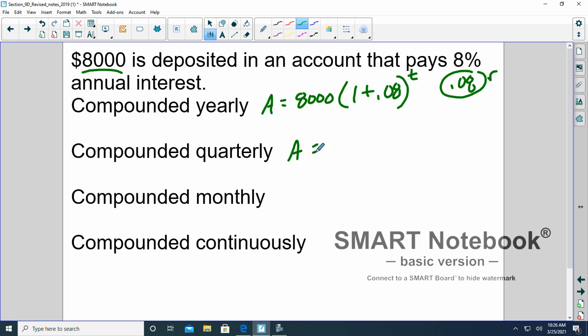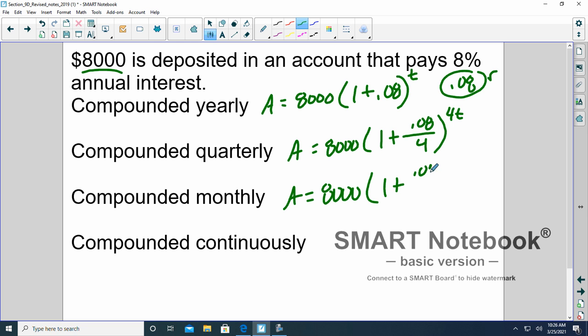This would be compounded quarterly. Quarterly means 4. Compounded monthly, there's 12 months, so you go 12 times T. And compounded continuously, A equals P e to the RT, so the 0.08 T. Okay, so that's the difference in the equations.